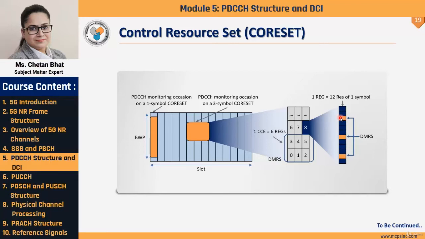So this picture is important in order to have an overview on how the symbols will be mapped on the bandwidth part, how the symbol duration can change, and within a core set how the CCE is defined and how the REGs are defined, and within that REG how the DMRS is mapped.